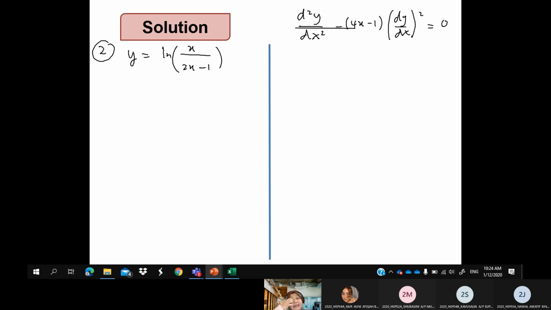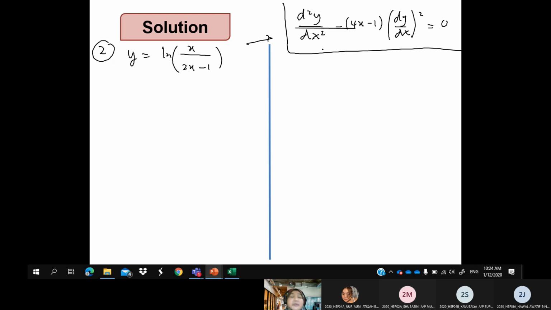Either you find dy dx and d2y dx squared separately, then take the left hand side, substitute, and show it is equal to 0. That is one method. The express method is you adjust the given question and it comes out as shown. Up to you. I'm going to show how to get this one without substituting to get 0.